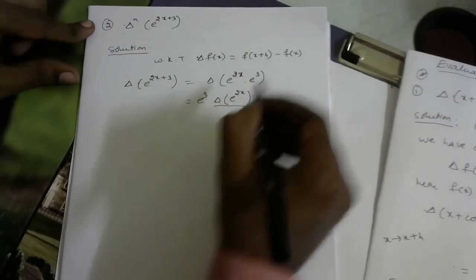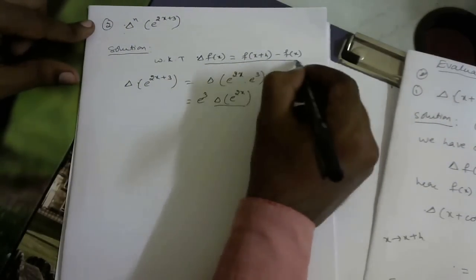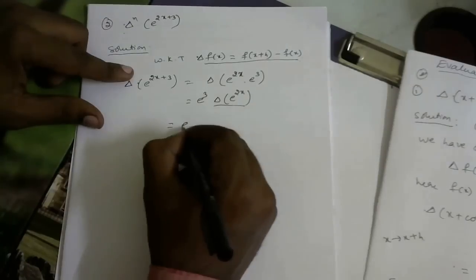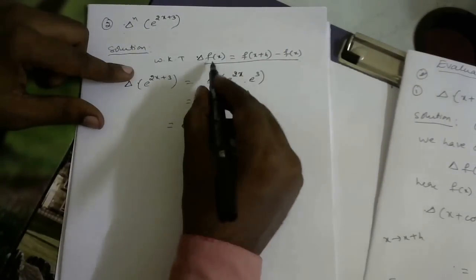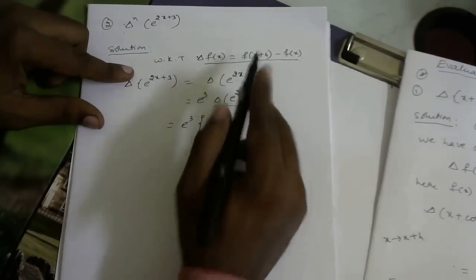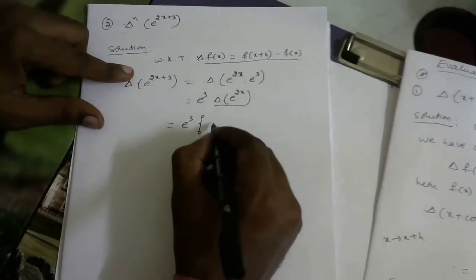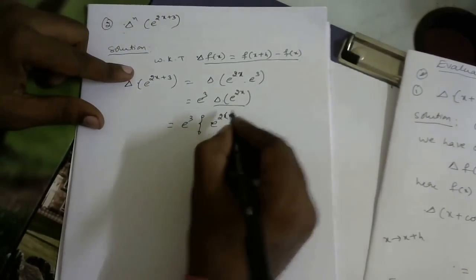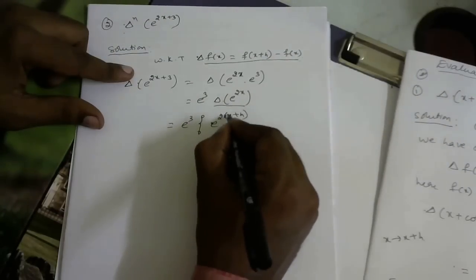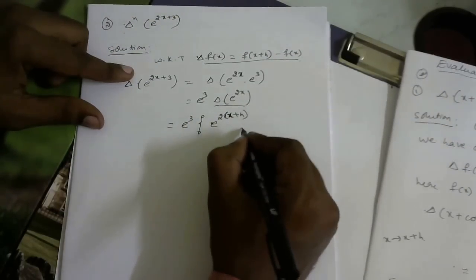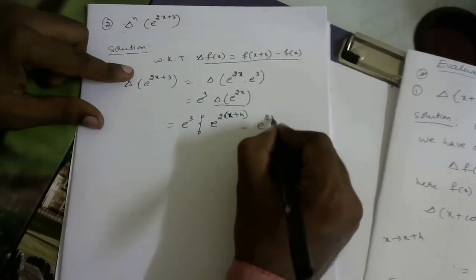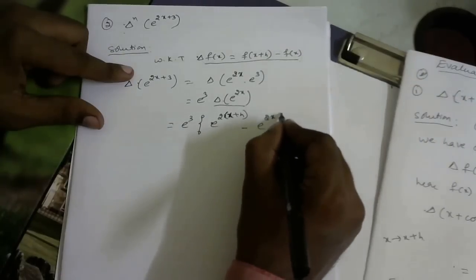So apply the forward difference definition. What do you get? E to the power of 3 into, f of x replaced by x plus h: e to the power of 2 into (x plus h), minus e to the power of 2x.